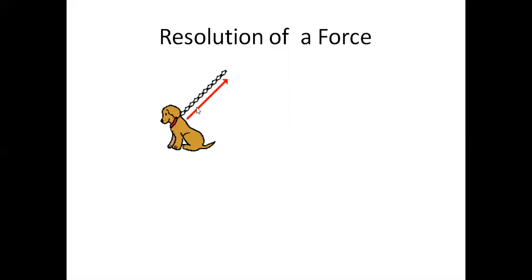If we can split this force into two forces, and the two forces have the same effect as this single force, then we can call these two forces the resolution of this single force. Here, this is an inclined single force, and now we are converting it into two different forces: one is a horizontal force, the other is a vertical force.